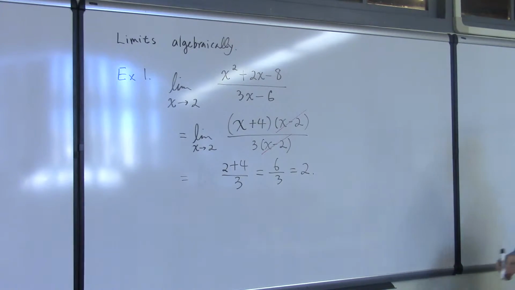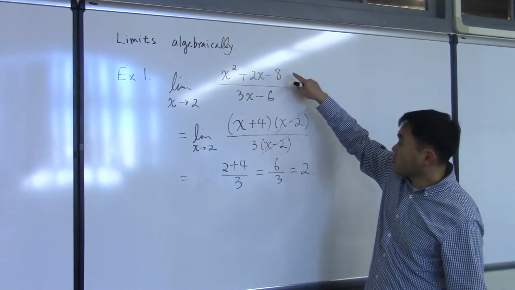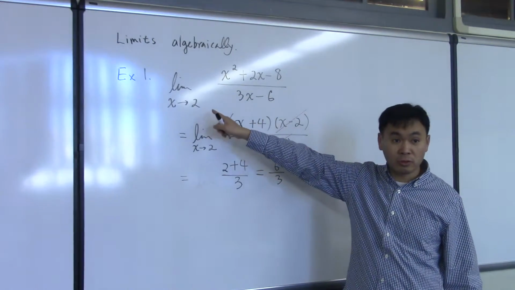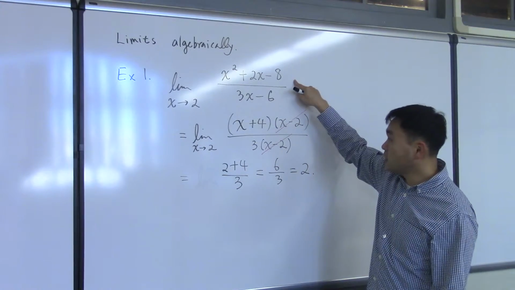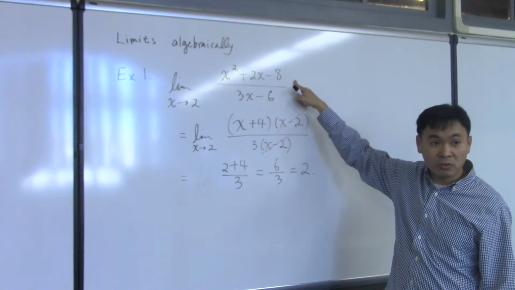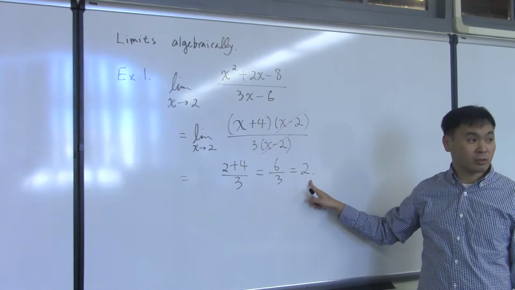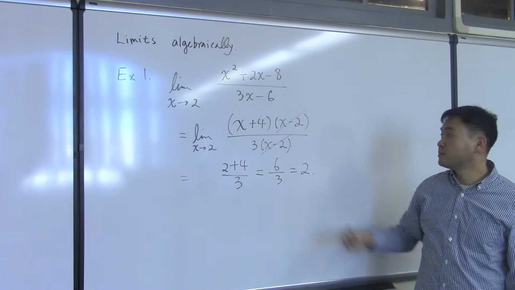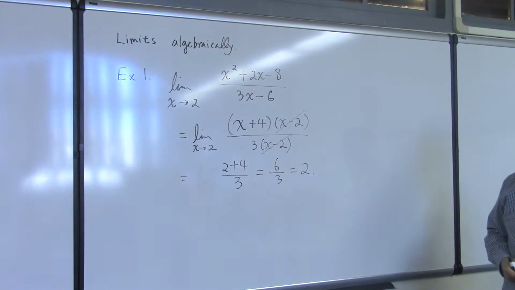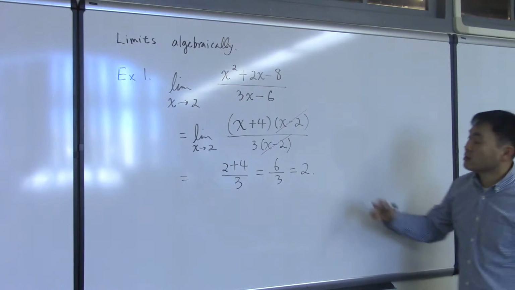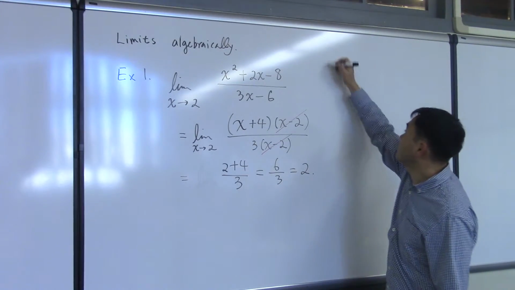If you used a calculator to plug in numbers that are very close to 2, say 2.1, 2.001, 2.0001, then eventually you will see that the value you get is very close to 2. So that's what I mean when I say evaluating limits algebraically.